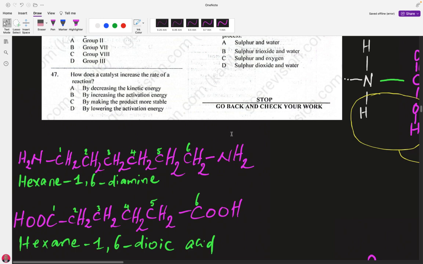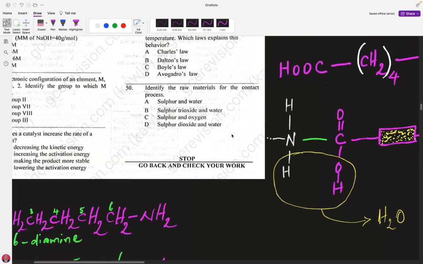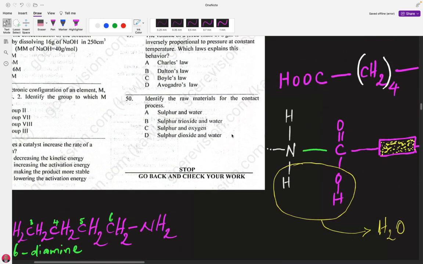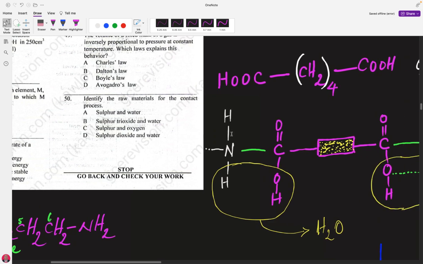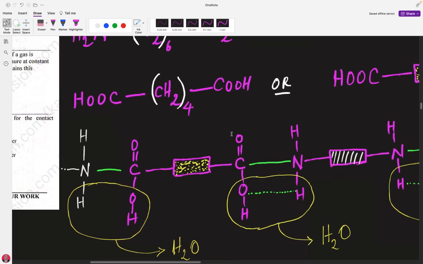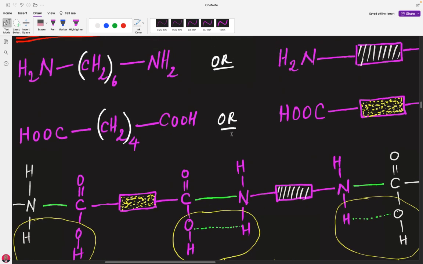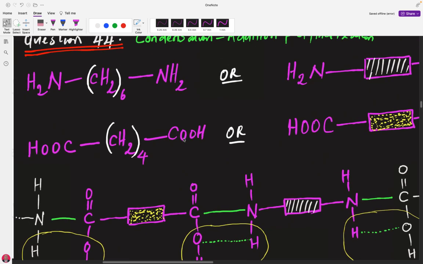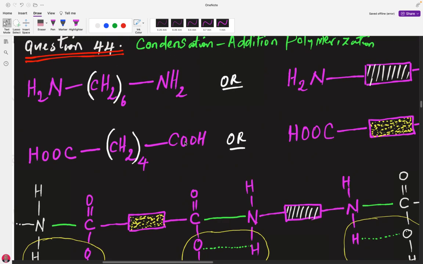So this compound could be represented for the purpose of your revision for your exam. Let me take time to explain this to you. Now, you could write this compound in this form. Hexane-1,6-diamine could be written like this. These are the 6 atoms of carbon. We call them methylene groups. These are the 6 methylene groups here in parentheses, and then these are the 2 amine groups.